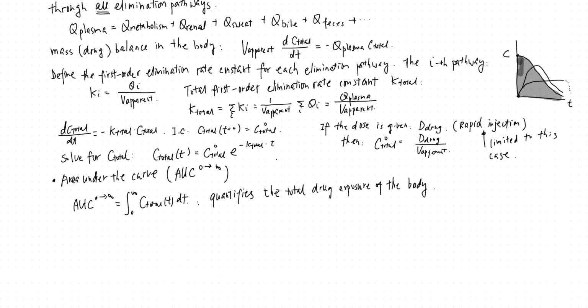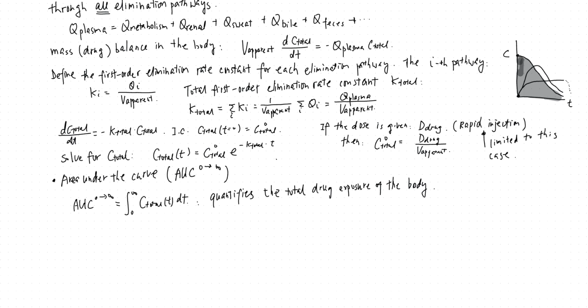Well, we need to consider its concentration, because the response of the body to the drug, we have learned before, is a function of the concentration. So in order to know what the drug does to the body, we integrate it over time. So that's what it means.